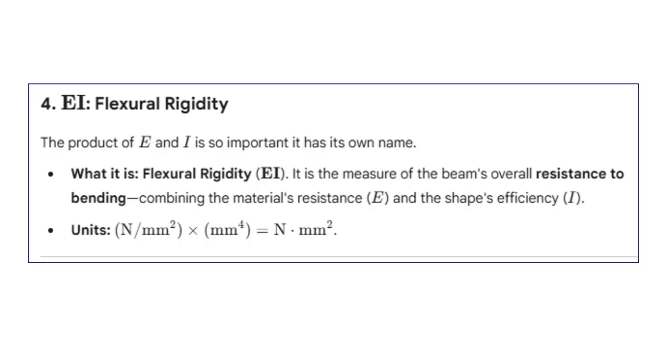EI, the product of E and I, is so important that it has its own name. What is flexural rigidity? EI. It is a measure of the beam's overall resistance to bending, combining the material resistance and the shape's geometric efficiency I. Units are Newton per mm square into mm to the power 4, that is Newton into mm square.